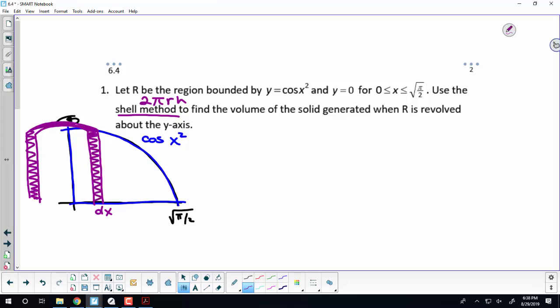Unlike the discs or the washers, the height is determined by this measurement here. This is the height of that rectangle. So the height of the rectangle is just measured by this length, top minus bottom, right? Which is just our function here. So h is the top minus the bottom, which is just equal to cosine of x squared.